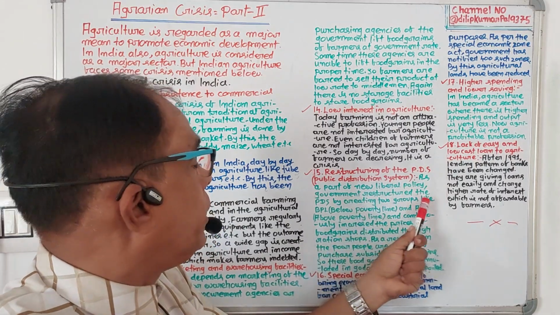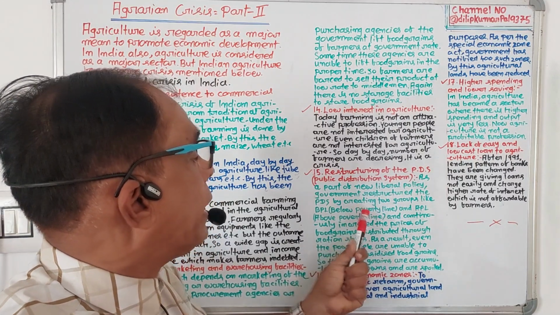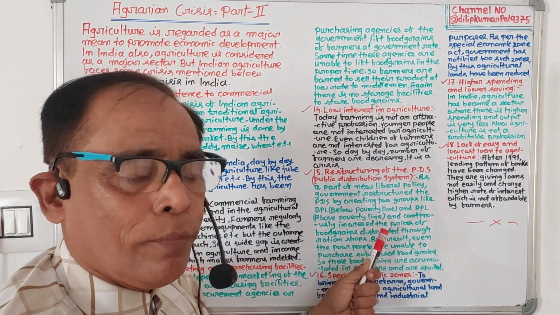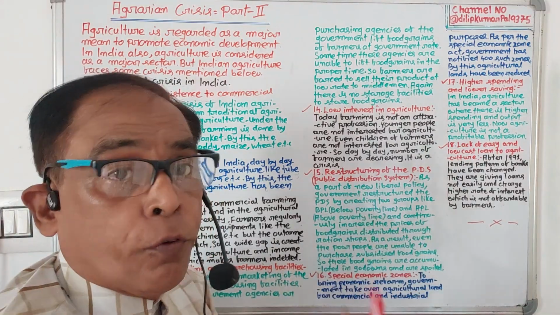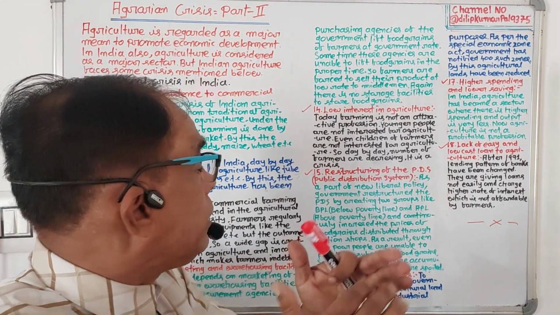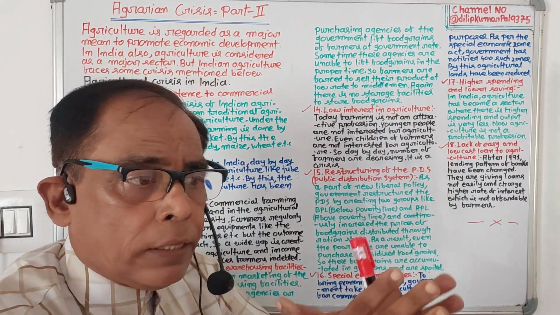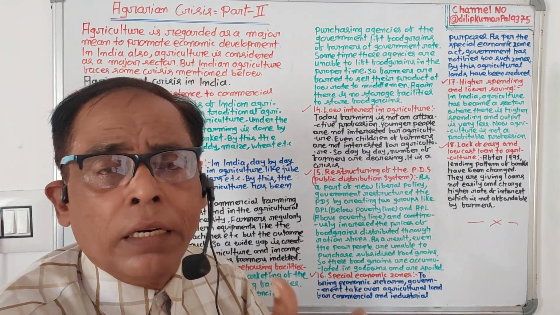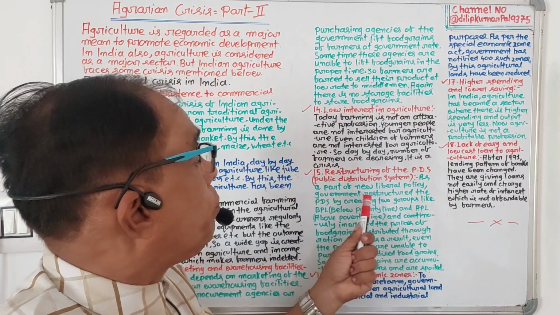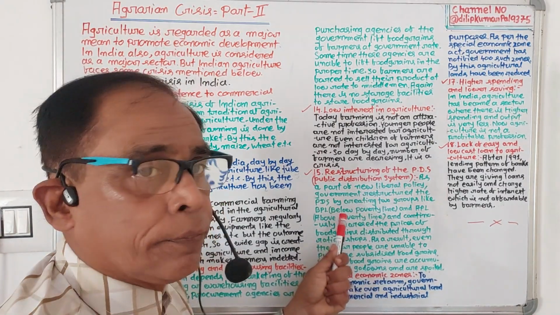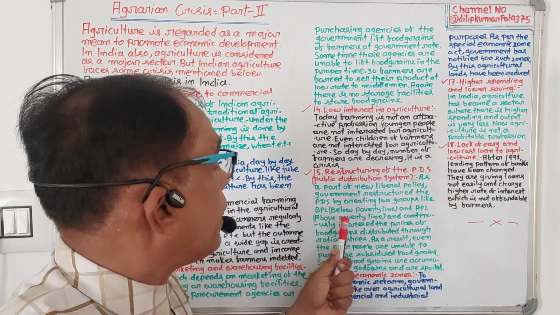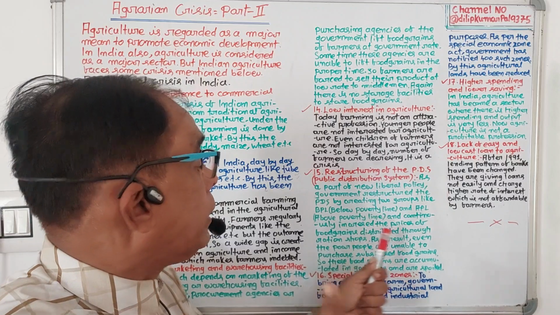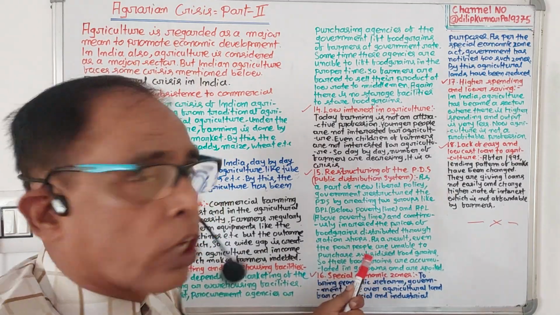As a part of new liberal policy, government restructured the PDS by creating two groups, BPL, below poverty line, and APL, above poverty line, and continuously increased the prices of food grains distributed through ration shops.